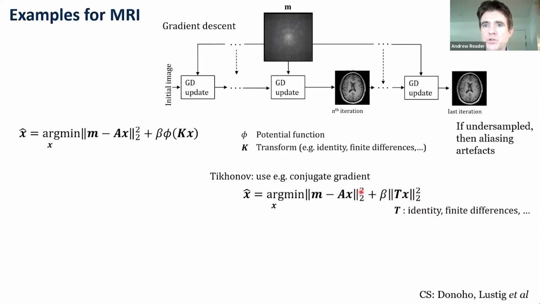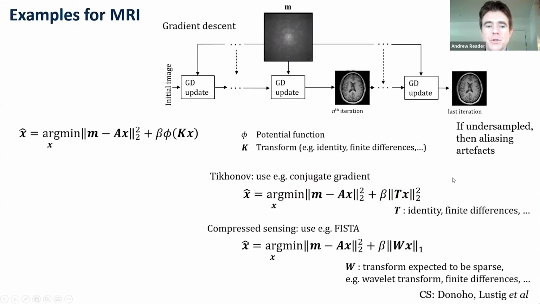And this could actually be solved directly with the conjugate gradient algorithm. You can do more elegant things than that. Instead of doing L2 norms, you could do L1, and that's just taking the sum of the absolute values, where what you could say is, well, I want to find some transform W operating on X such that this only has small values.